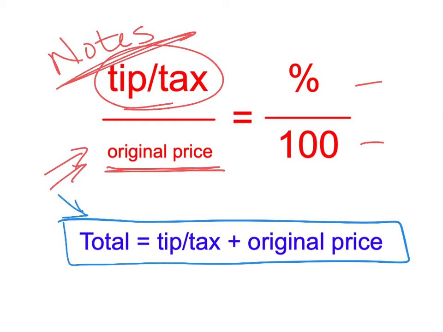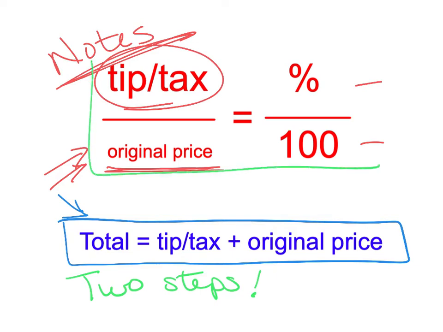So there's, generally speaking, going to be two steps to these problems. Not always, but a lot of times there's going to be two steps. So let's take a look at one, and make sure you have it written down. Pause the video if you need to.